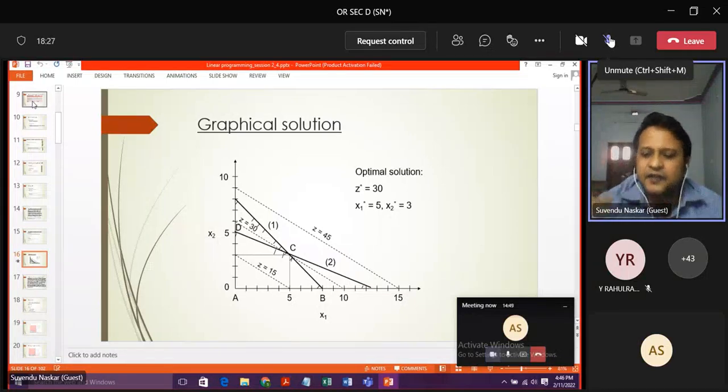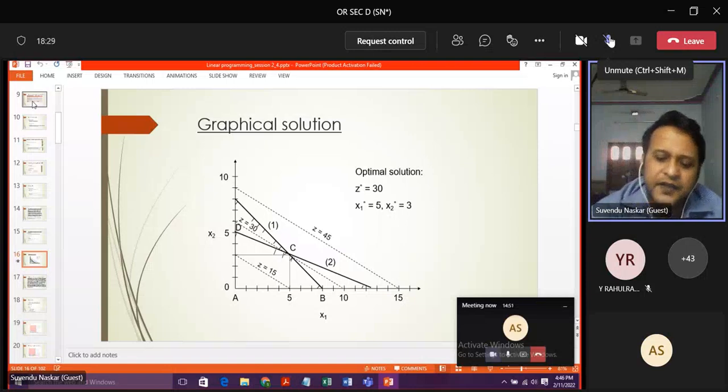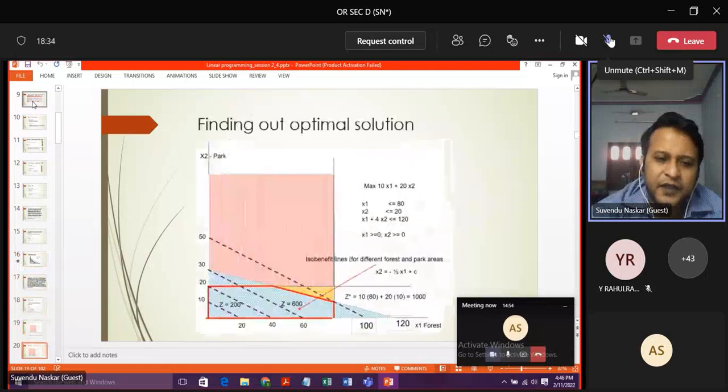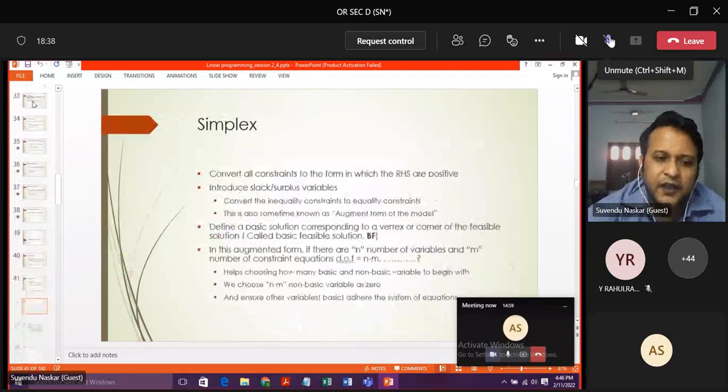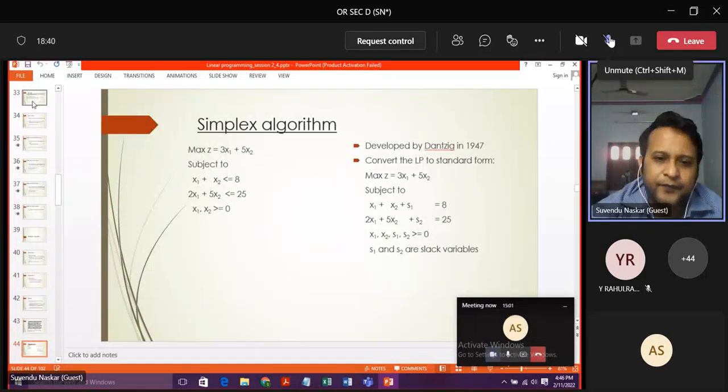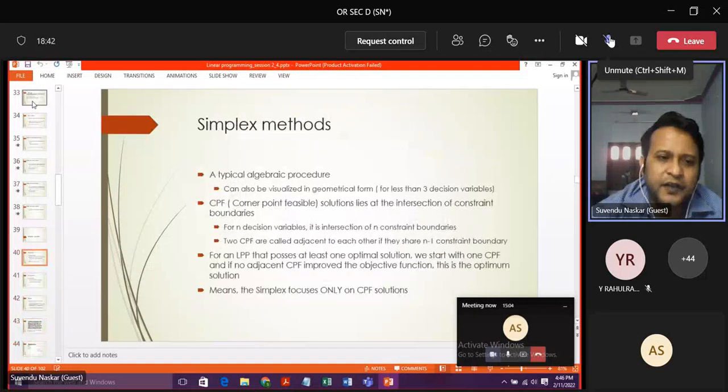So this is precisely what I was saying: when there are n constraints, two adjacent corner point feasible solutions will share n-1 constraint boundaries. They will have one common constraint, and the remaining n-1 constraints will be their boundaries.